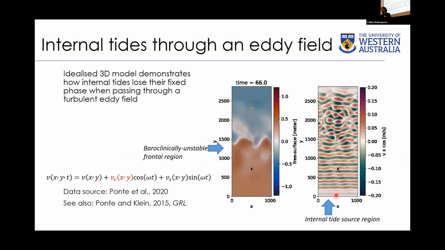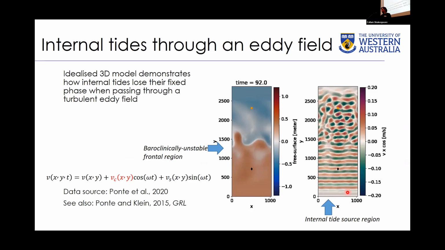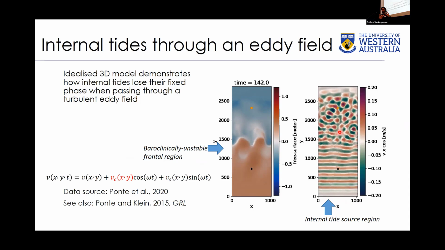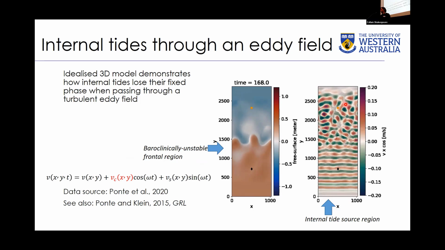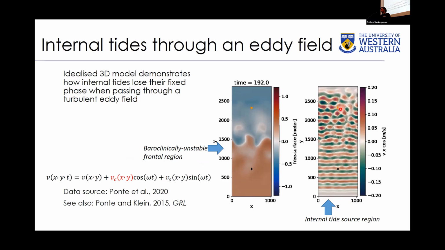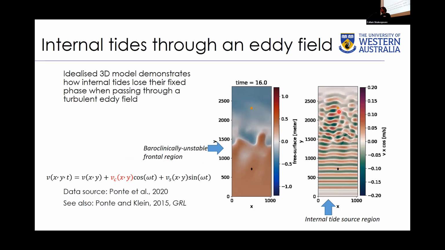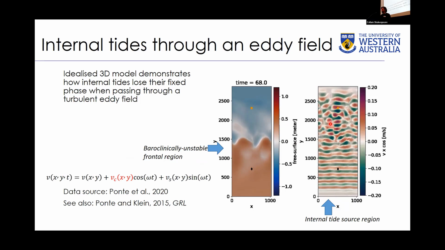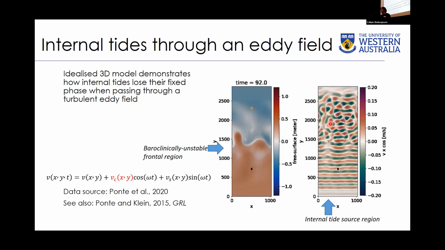So what you're seeing here is that the source region, and as they hit that eddy field, they basically become non-phase locked and moving around in time. So the eddy field's chaotic, and that's making the internal wave field somewhat chaotic.